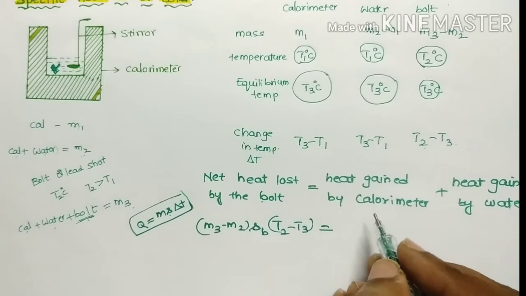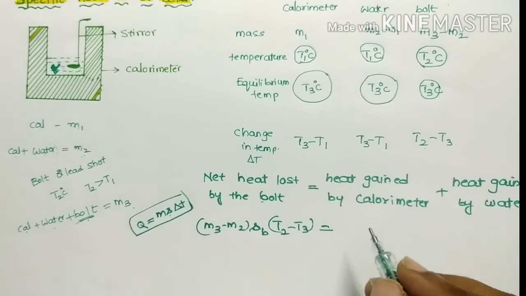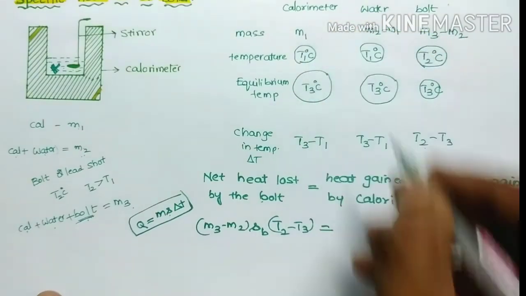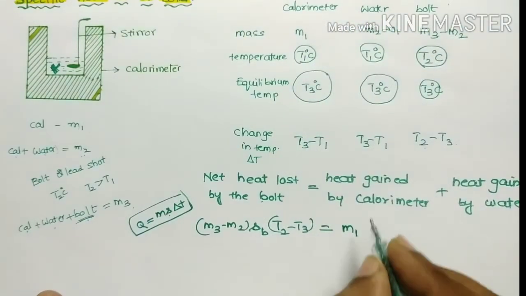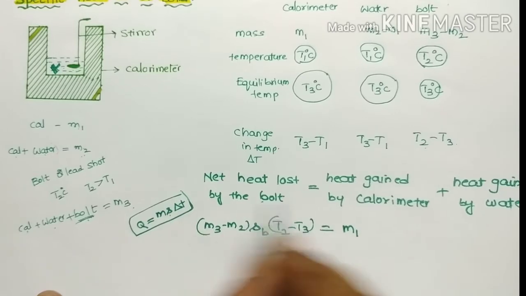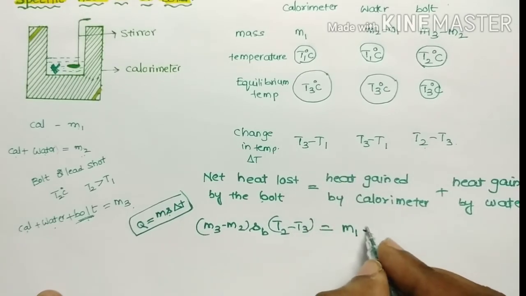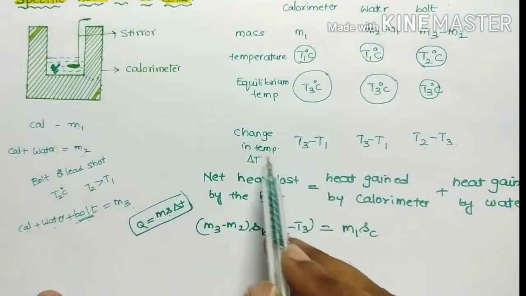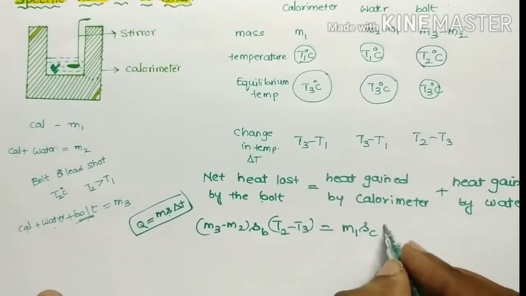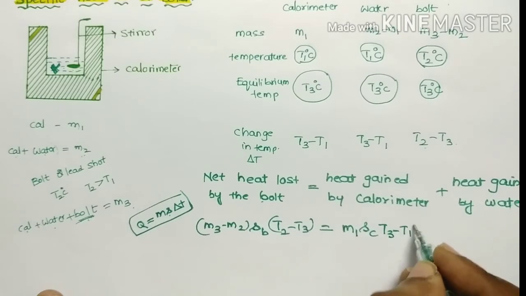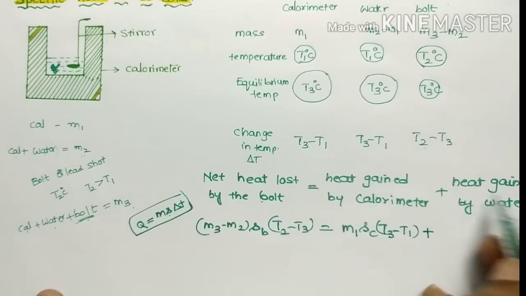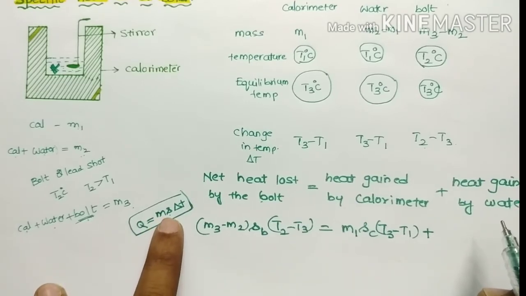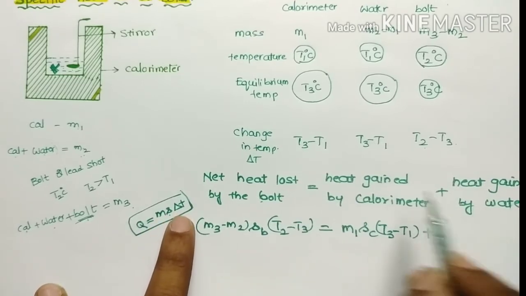is equal to heat gained by the calorimeter. That means m is the mass of the calorimeter, M1, s is the specific heat of the calorimeter, SC, and the change in temperature of the calorimeter is T3 minus T1, plus heat gained by water, where m is the mass of the water, s is the specific heat of water and delta T is the change in temperature of water.